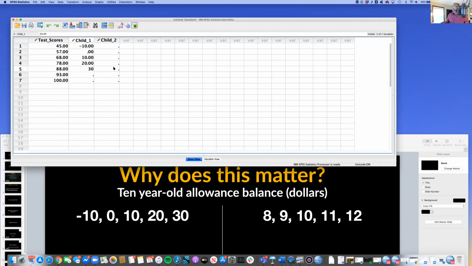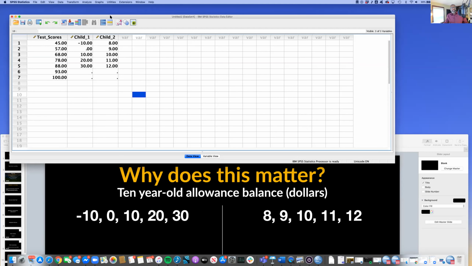So they really earned their money very well, they recovered their balance, and they're sitting at $30. All right. So for child 2, we'll go to 8, 9, 10, 11, and 12. And again, this is why standard deviation and spread is so important.